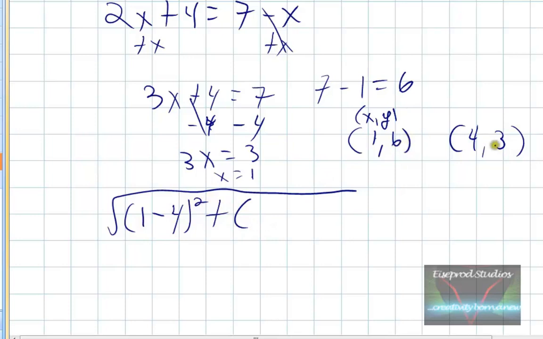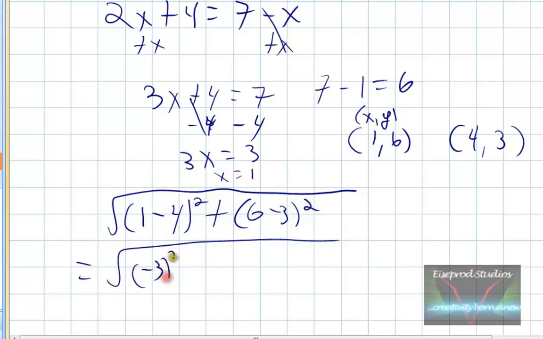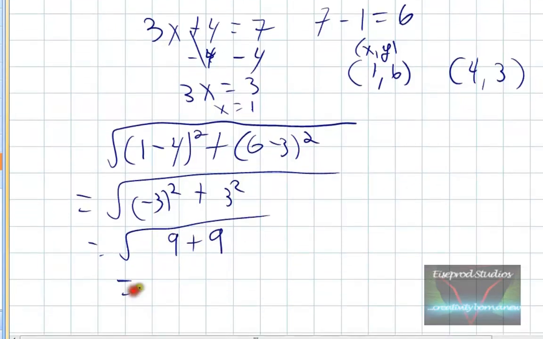I'm going to do 6 minus 3 squared. So that's going to be equal to 1 minus 4 is -3 squared plus 3 squared, which means I have 9 plus 9, which is equal to the square root of 18.